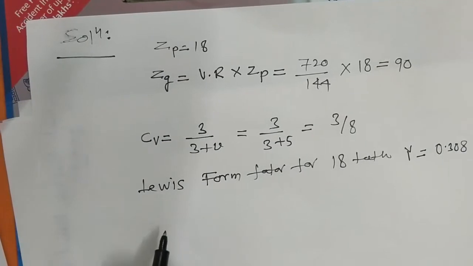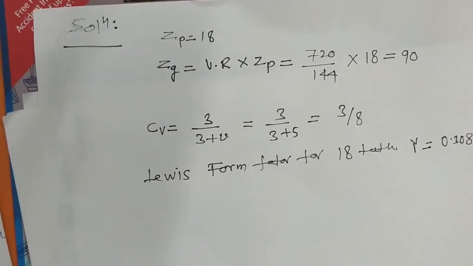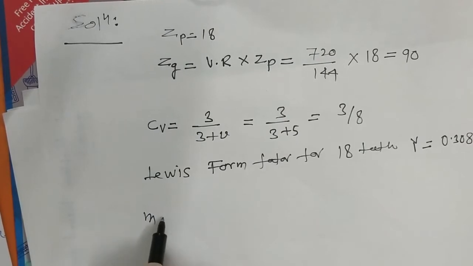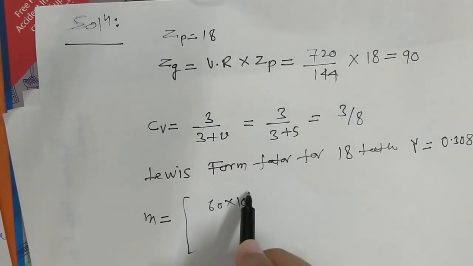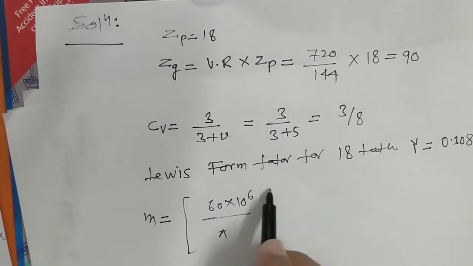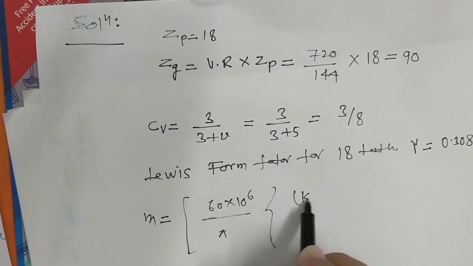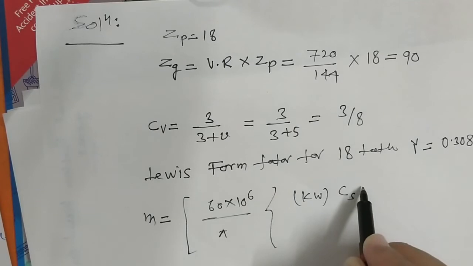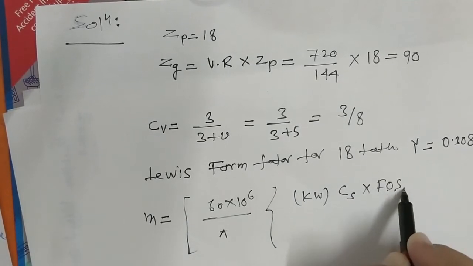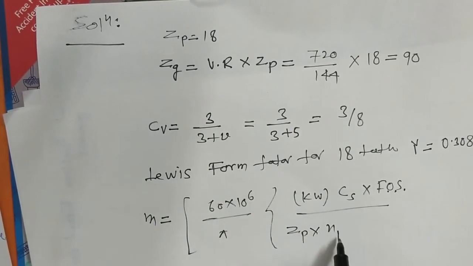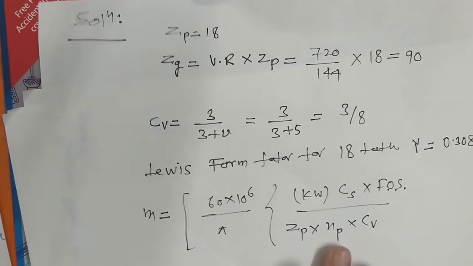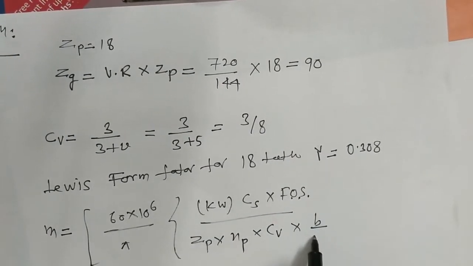So now we are going to estimate the module. So m equals 60 multiplied by 10 raised to power 6 divided by pi, power in kilowatt multiplied by service factor multiplied by factor of safety divided by ZP, number of teeth on pinion, speed of pinion multiplied by velocity factor multiplied by face width divided by module multiplied by SUT divided by 3.